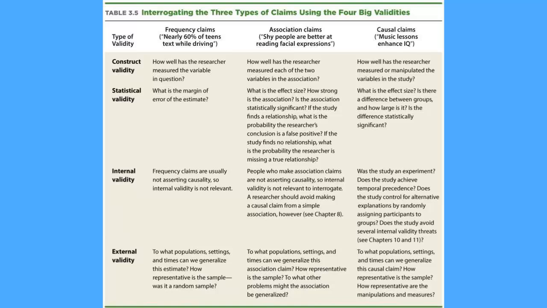Particularly, and jot this down somewhere in your notes, I want you to address the generalizability of your findings. And so I'll include some nudges to that in the instructions, but this table is going to be a great resource as you interrogate the three types of claims in your personal life and also for our research project.